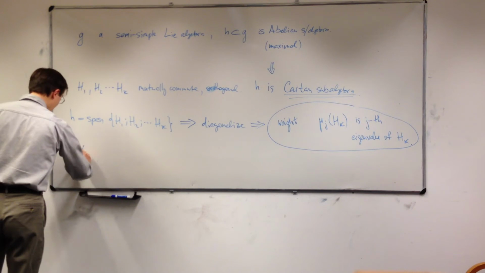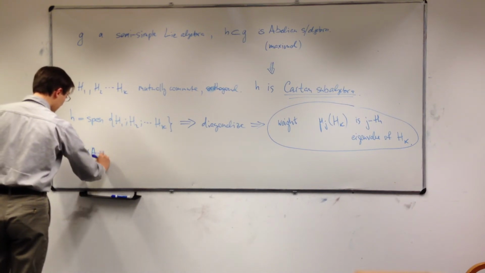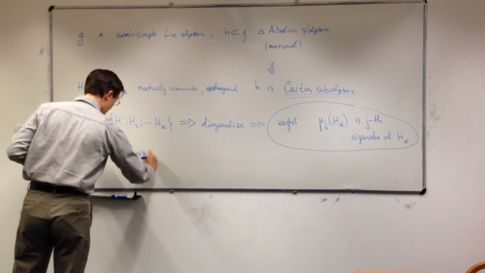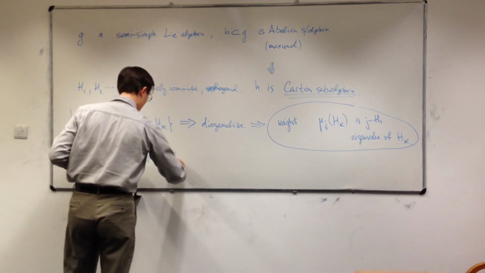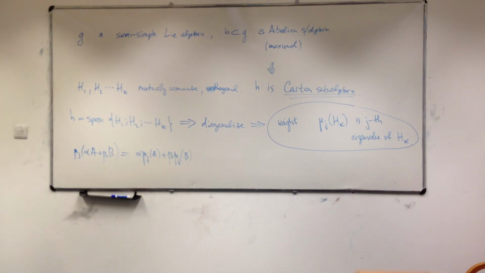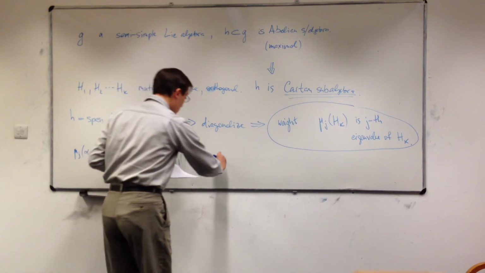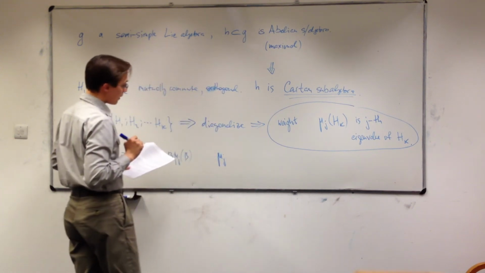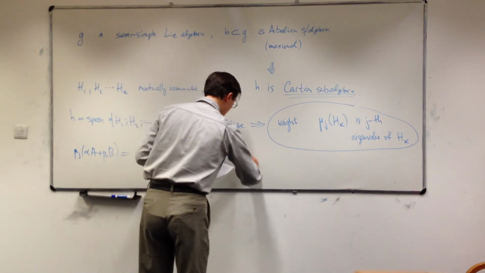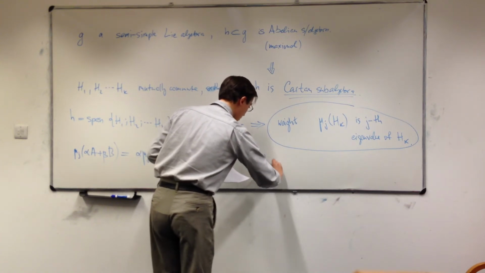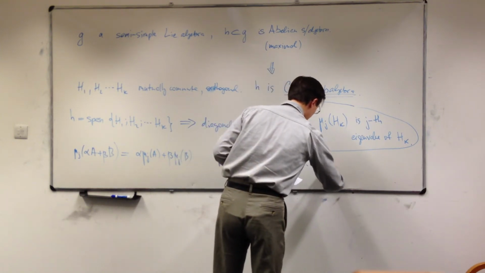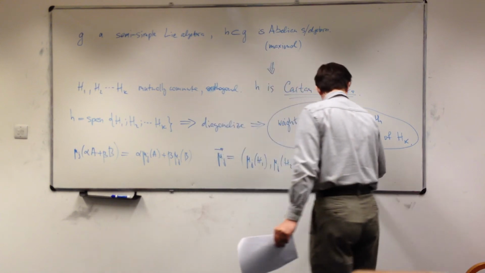If we take mu_j and we take linear combination operators alpha A plus beta B, then this will be alpha mu_j of A plus beta mu_j of B. And then vectors of this form, so if we take a particular jth eigenvalue of each of these matrices and write it out into a vector, it will be mu_j of h1, then mu_j of h2, and so on, mu_j of hk. That's called a weight vector.